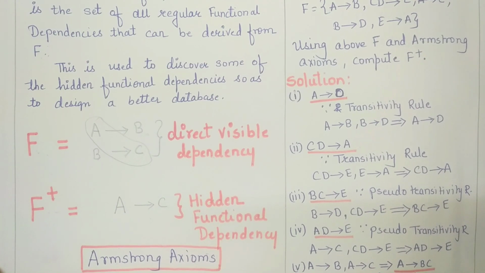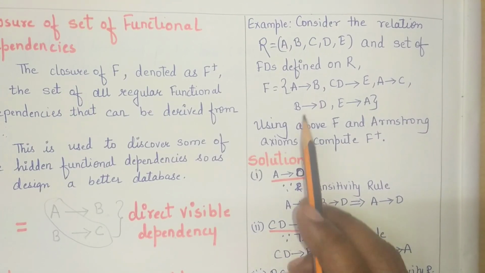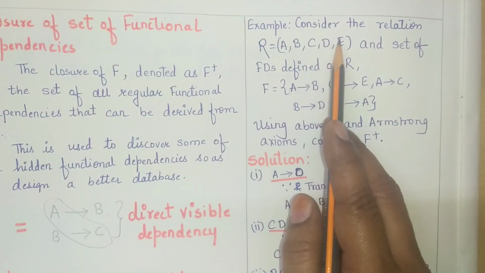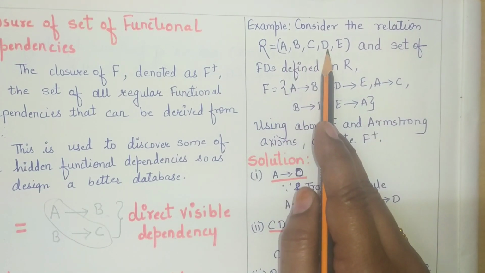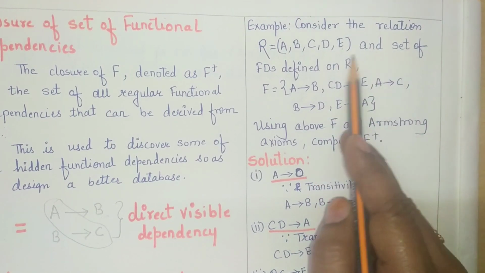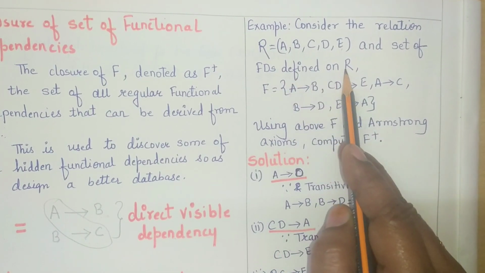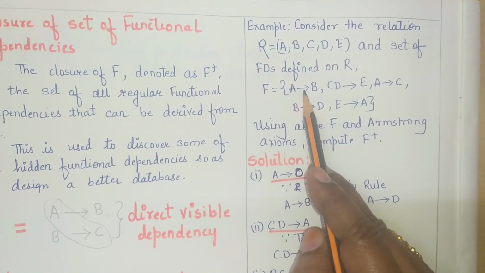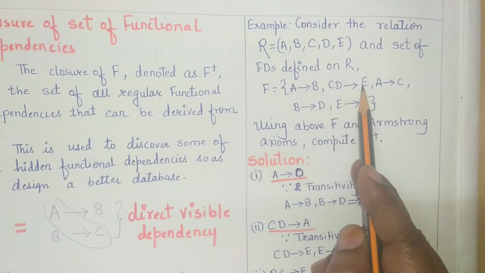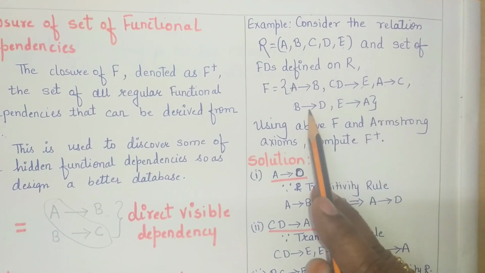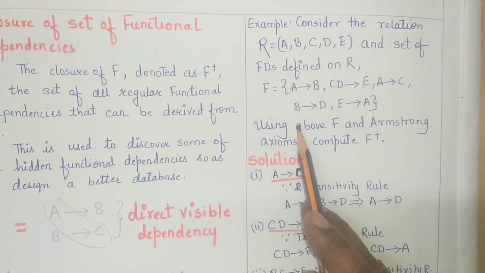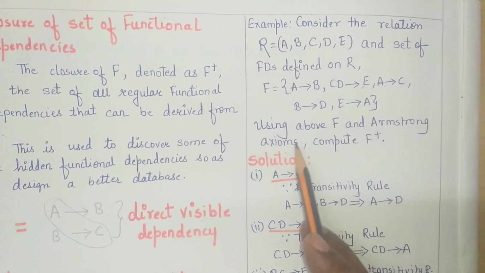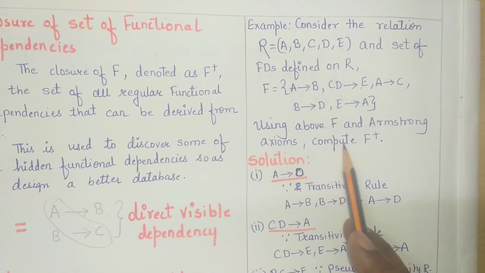Now let us understand this with an example. Consider the relation R, which has the attributes A, B, C, D, E, and the set of functional dependencies defined on R as A determines B, CD determines E, A determines C, B determines D, and E determines A. Using the above functional dependencies and Armstrong axioms, we are going to compute F closure.